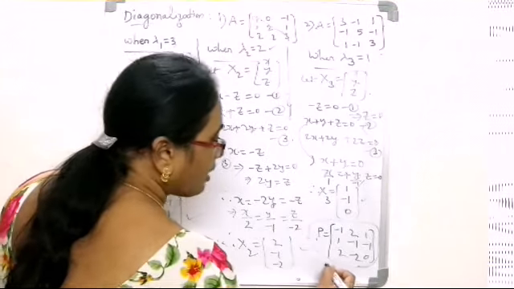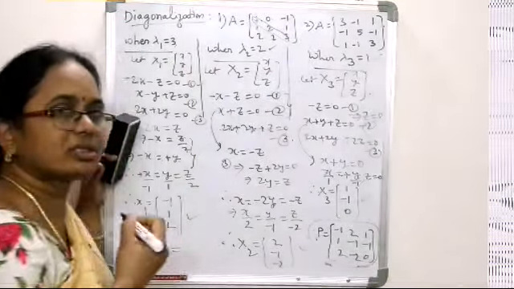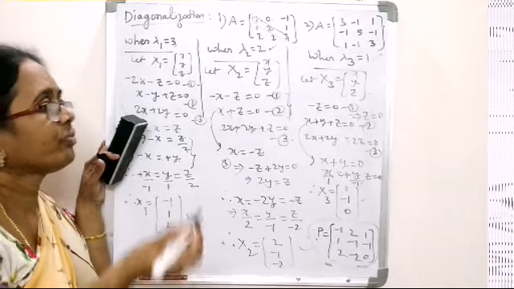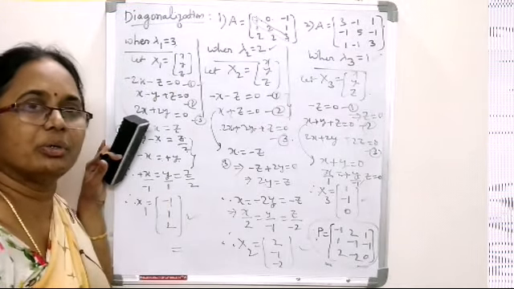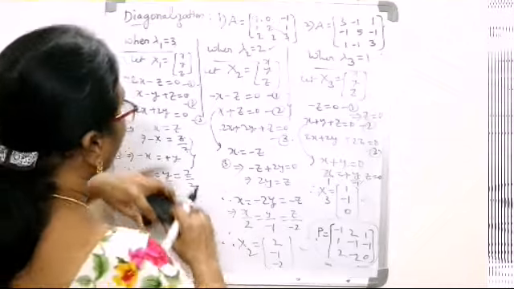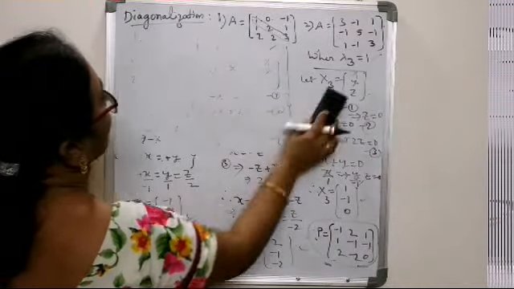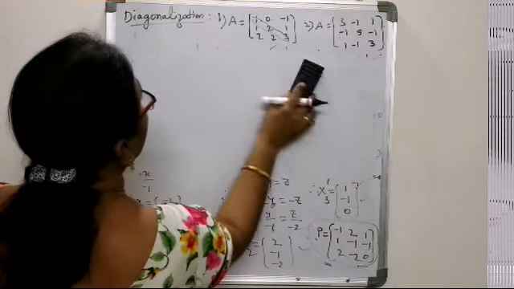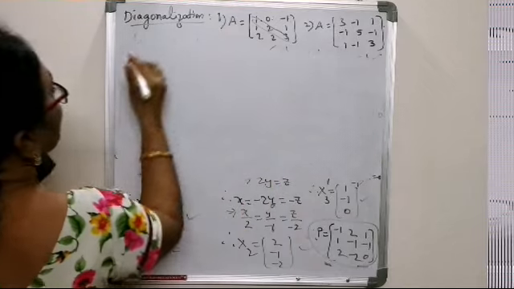Now this model matrix P is useful to change the given square matrix into a diagonal matrix. From this model matrix P, we can calculate P inverse.